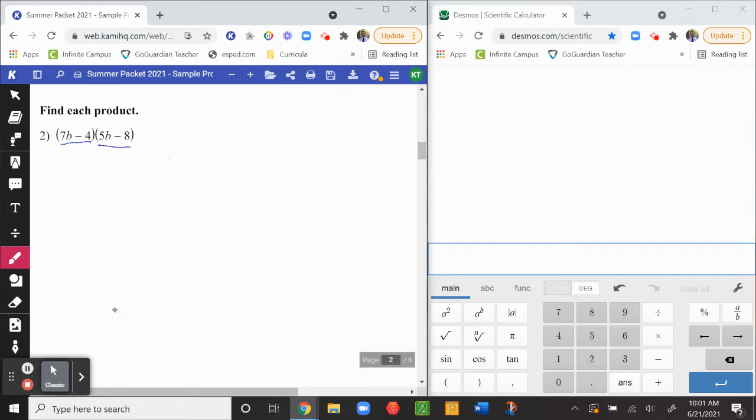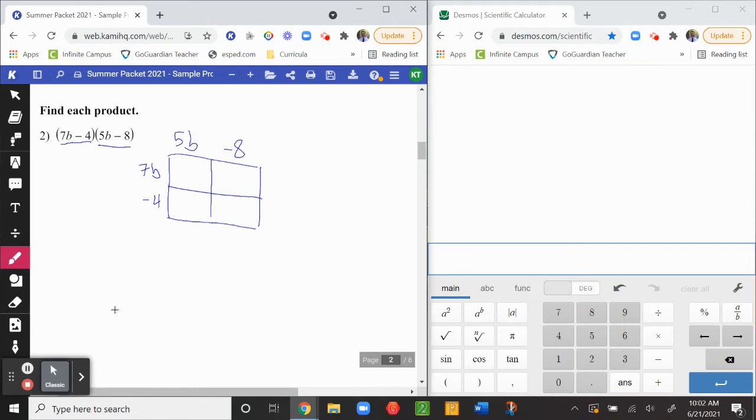Well, we can use our box strategy to find out. I'm going to make a box, and on top and on the left, I'm going to have enough space for each term. So 7b and minus 4 can go fit nicely in the left, and then 5b and minus 8 fit nicely on top.